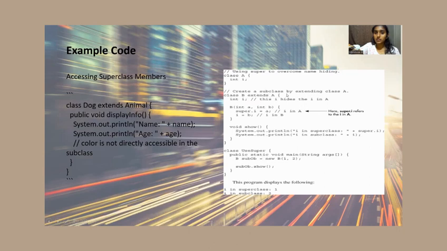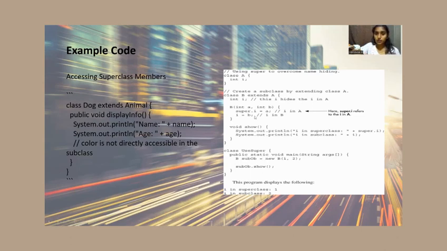Then we are creating a subclass by extending class A. So class B extends A, with int i. Then it uses super.i equals to A. Here super.i refers to i in A, the above class A.